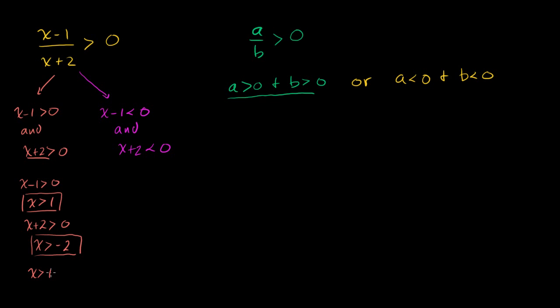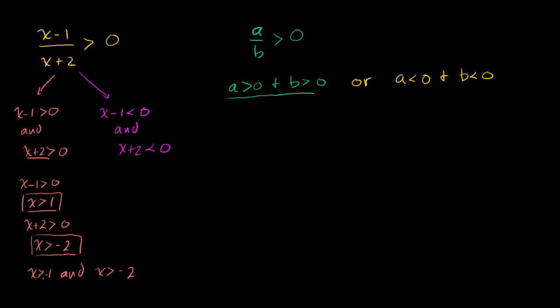And this statement tells us that x has to be greater than minus 2. Now, if x has to be greater than 1 and greater than minus 2, x clearly has to be greater than 1, right? I mean, 0 would not satisfy this, because 0 is greater than minus 2, but it's not greater than 1.